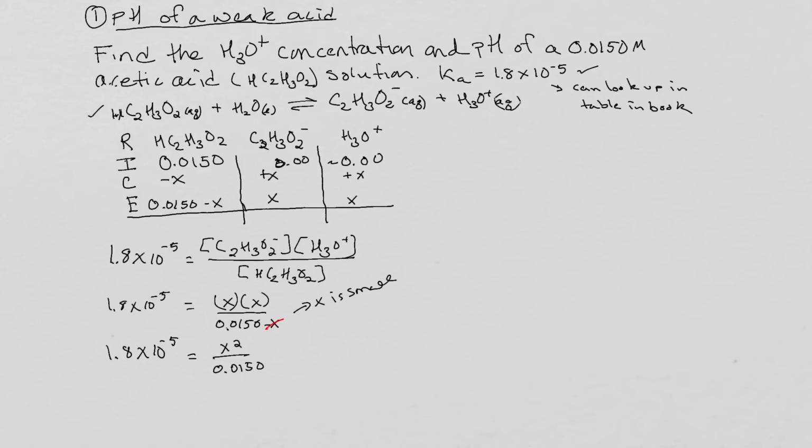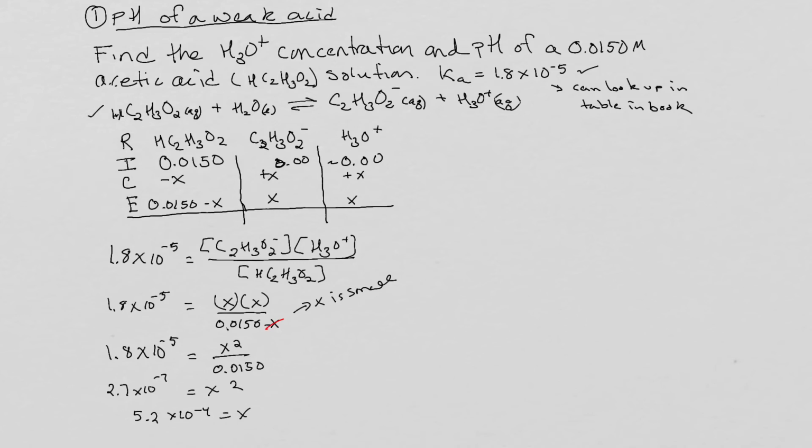Now it's pretty straightforward to solve our math here. We can bring up over our concentration, and we get 2.7 times 10 to the negative 7 equals x squared, and therefore take the square root, and x equals 5.2 times 10 to the negative 4th for x.